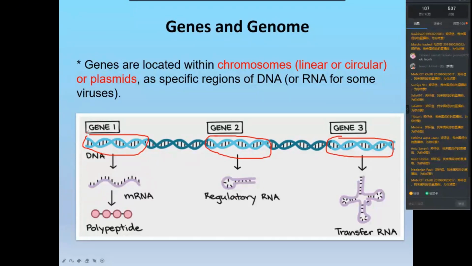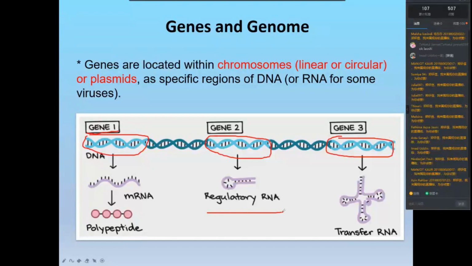Okay, so that's a pretty simple definition, but the function of different genes are different. For example, for this gene, it's gene 1, it encodes a structural protein. So information from this DNA can be transcribed into mRNA, and then mRNA can be translated into polypeptide. So basically the protein sequence. So this is the first type of gene which encodes structural proteins. Or the second gene, it encodes regulatory RNA.